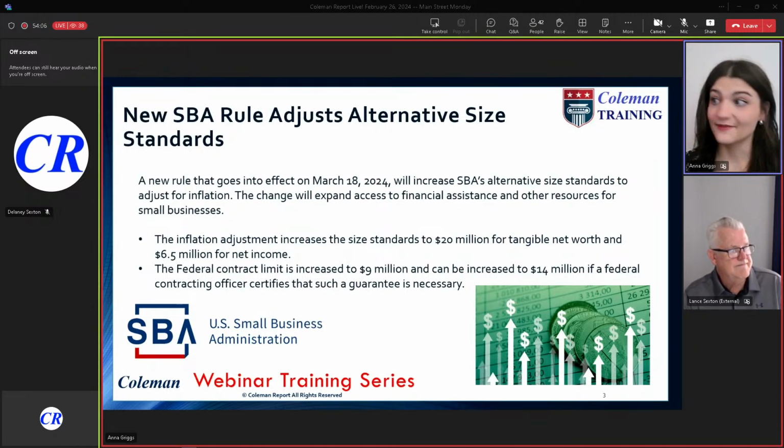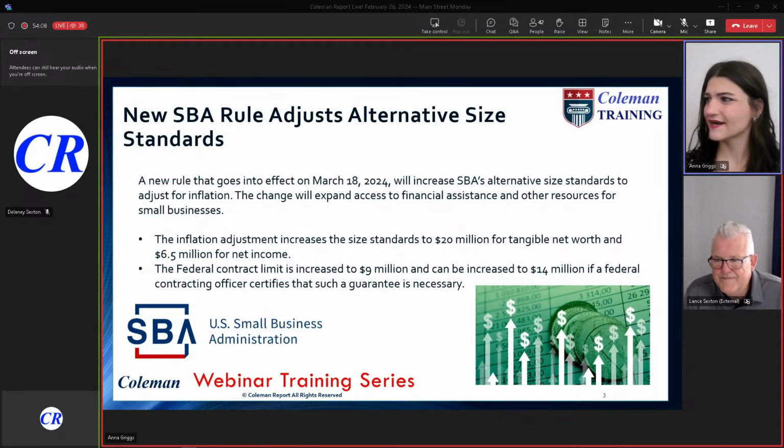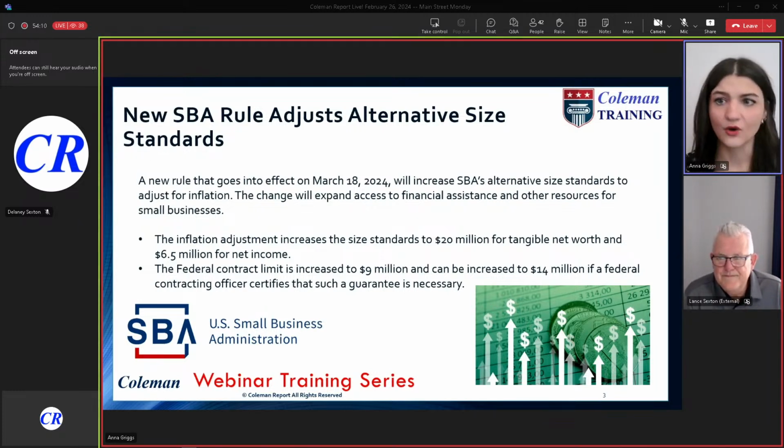And SBA estimated that about 500 7(a) or 504 loans will be approved under these new requirements that wouldn't have been approved before. So 8.1 million that this applies to, plus an estimated 500 actual loans, is pretty incredible.